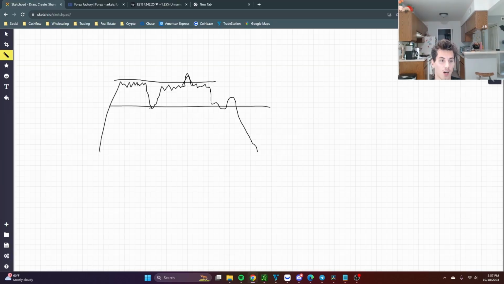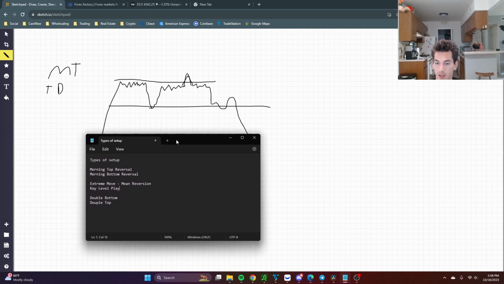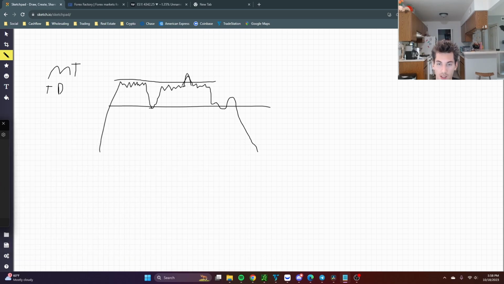So that is how a morning, and again, this is the morning top, so morning top and double top. You could literally have this for morning bottom reversal and double bottom, right? And you could also have the fact that, let's say this was a key level of 4,500 or something, and it would be an extreme move mean reversion, right?